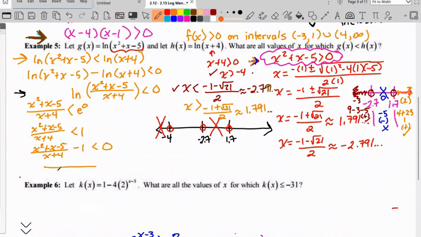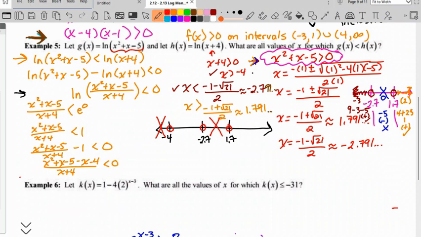So if I want to write that over the common denominator of x plus 4, I've got my x squared plus x minus 5. And what does 1 look like over x plus 4? It looks like (x plus 4) over (x plus 4), but we're supposed to subtract it, so it'll be negative x minus 4 over x plus 4. So that is my -1, and just combining that over a common denominator, that's less than 0.